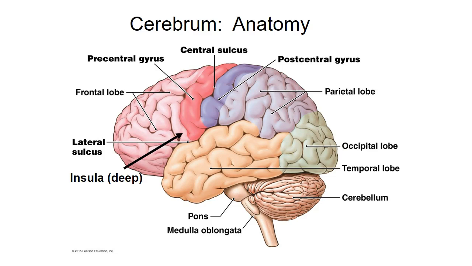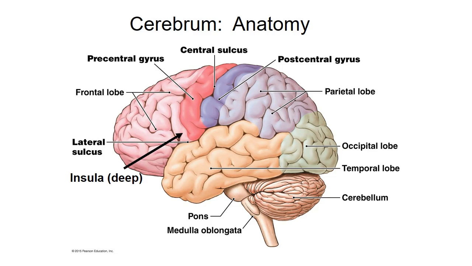What separates the frontal lobe from the next lobe that is posterior to it is this sulcus called the central sulcus. So central sulcus, you can see it running right up here. Anterior to that is the frontal lobe. Posterior to that, we start the parietal lobe.